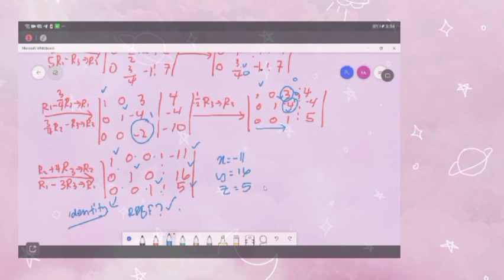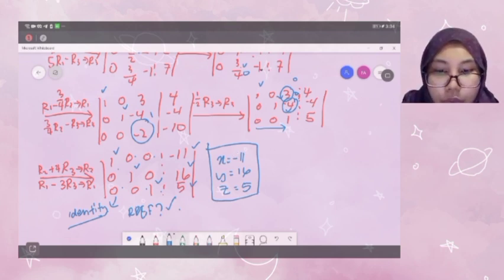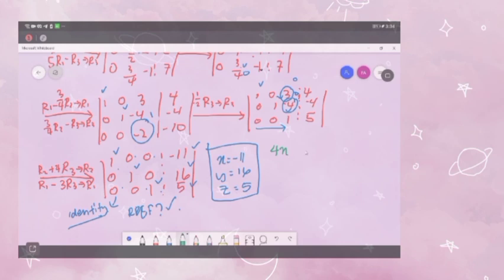So we want to check whether these are indeed the answer, so we will substitute in the equation previously. So I will substitute. Okay, so our equation is 4x plus 3y equal to 4. Okay, so we will substitute here.